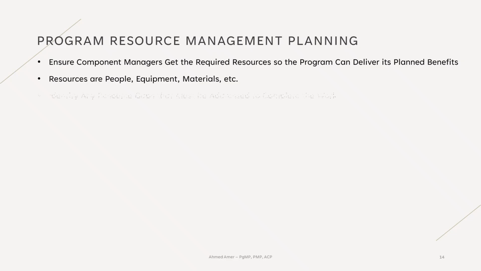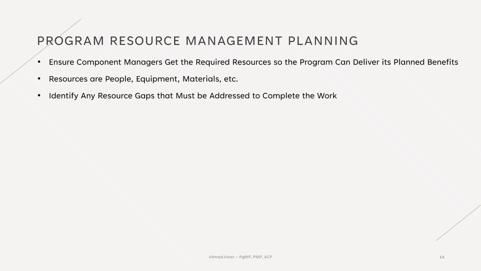In other words, it's about identifying the resource gaps to get the work done. And here is something interesting. When it comes to human resources, the total number of people needed for the entire program is not always the sum of what each component needs. Why? Because people can be reassigned as components finish.